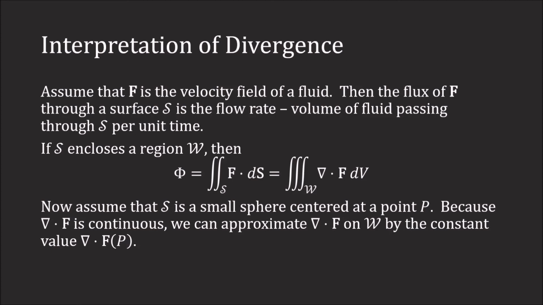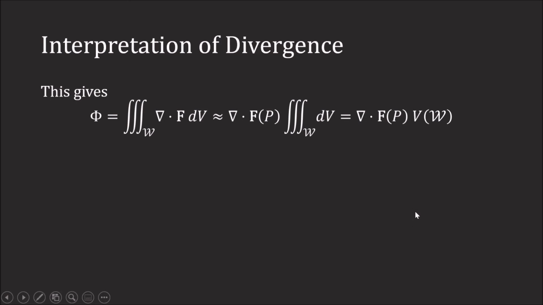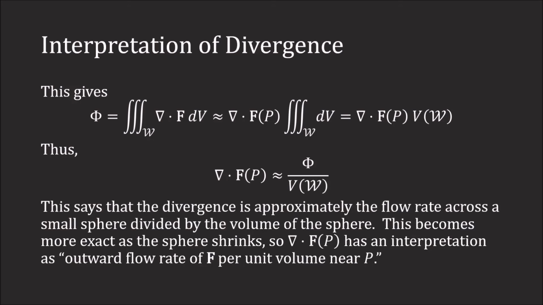Now assume that S is a small sphere centered at a point P. Because the divergence is continuous, we can approximate it on W by a constant value, the divergence of F evaluated at the center P. Then the flux will become the divergence of F at P times the volume of W, which means that the divergence of F at P is approximately the flux over the volume of W. What this says is that the divergence is approximately the flow rate across a small sphere divided by the volume of the sphere. This becomes more exact as the sphere shrinks.